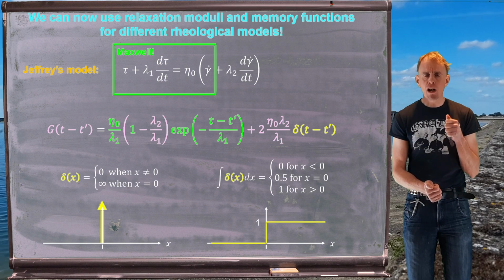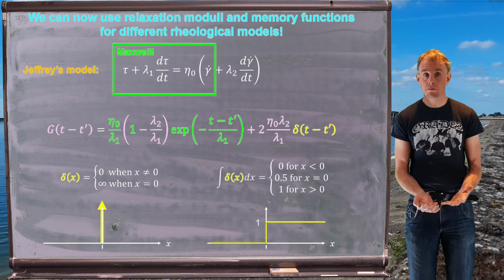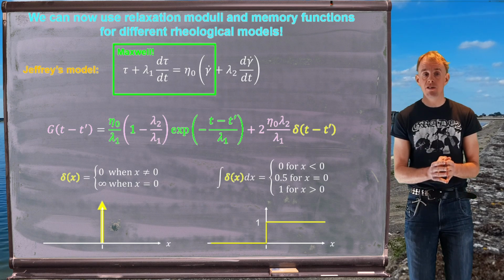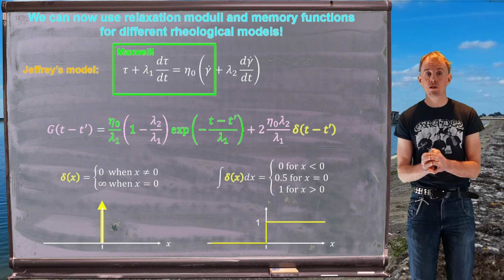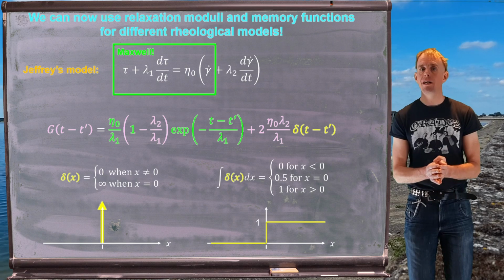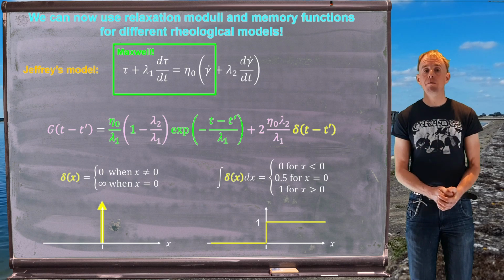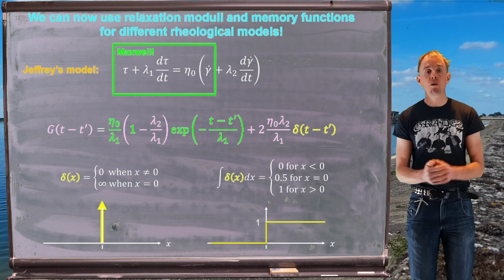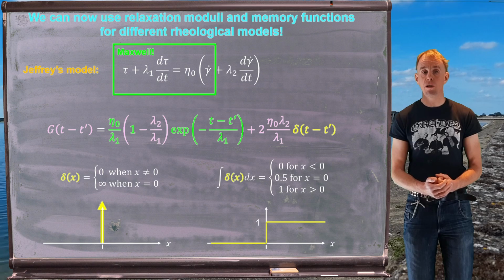So current time minus past time is always positive, so the step function of t minus t dashed is always equal to 1, except for when past time equals current time. At that point, my integral of my Dirac delta function, my step function, is going to equal 1/2.